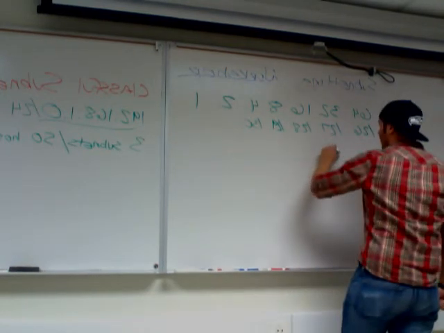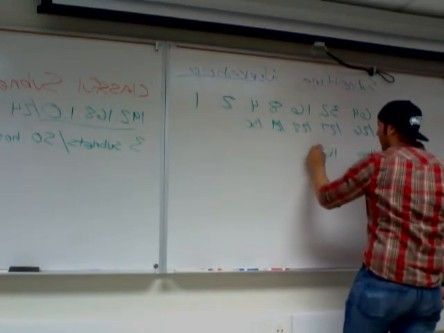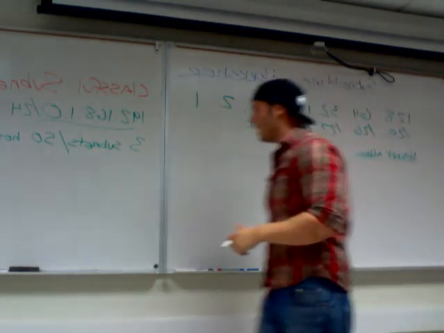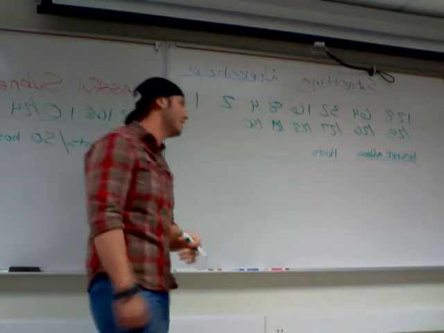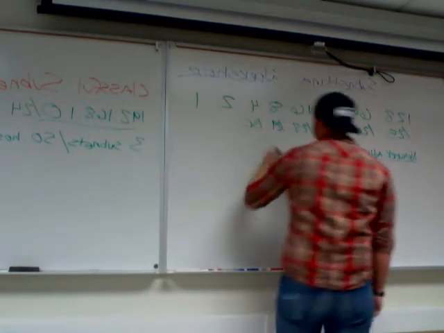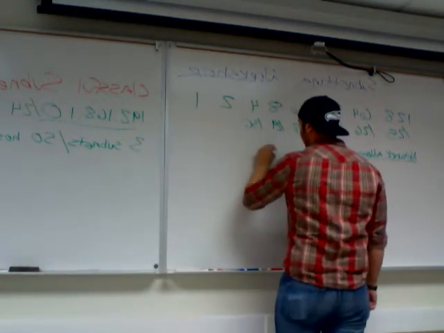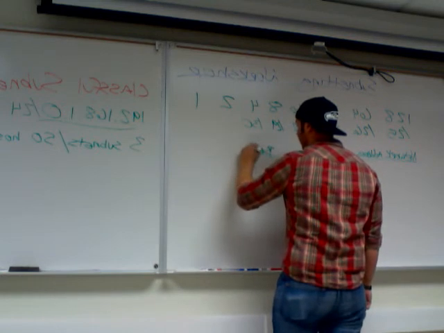Then, in between that, you're going to have the hosts, which are basically going to be the addresses for your computers, your printers, servers, anything like that. After that, you're going to have your broadcast address.